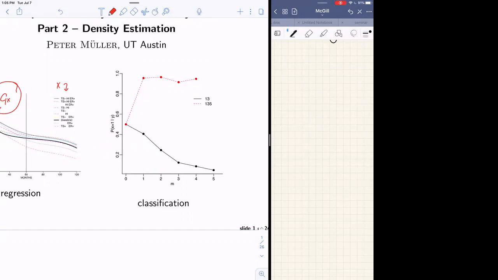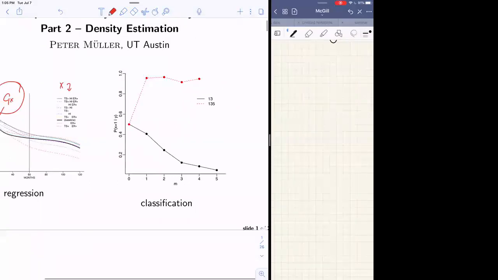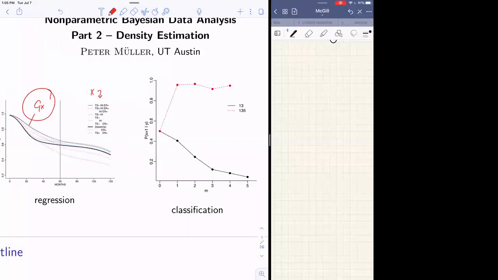If there's a binary covariate, like here, normal pregnancies and abnormal pregnancies for Chilean women, we can then use it for classification. We'll come to that towards the end of today. So the plan for today is to talk about the use of BNP for regression.